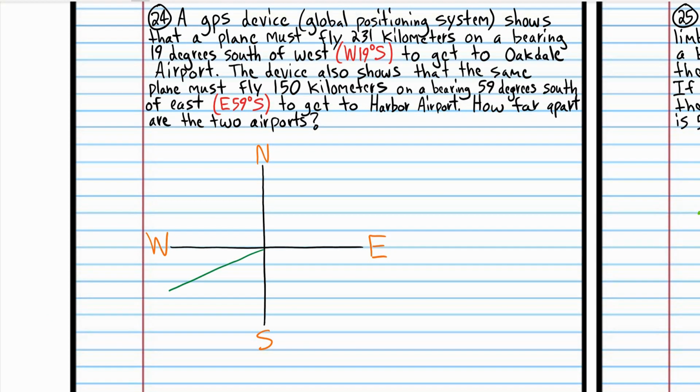And so that's 19 degrees, and that's to get to Oakdale. The device also shows that the same plane must fly 150 kilometers on a bearing 59 degrees south of east. So that's about here, maybe. 59 degrees.